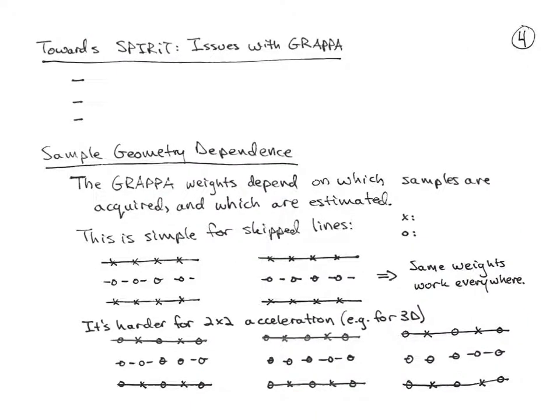So the last parallel imaging reconstruction we'll talk about is SPIRIT. To motivate the SPIRIT algorithm, we should touch on a few issues with GRAPPA. The first is how to determine the calibration region size. The second is, how big should the kernel be?